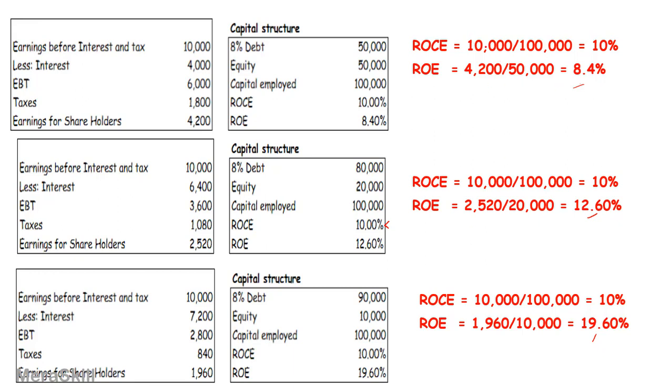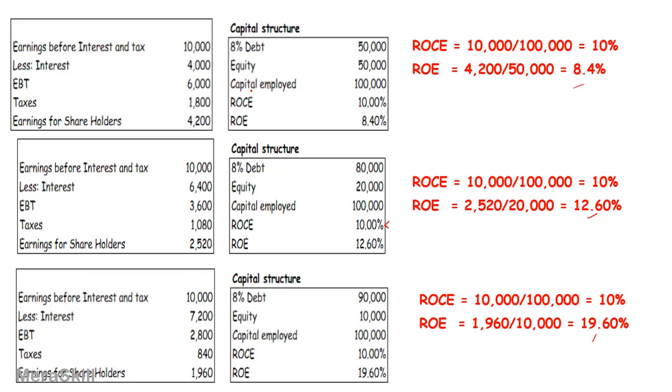This is because they are earning 10% return. The debt is only 8%. Mind you, even after 8% of interest, since this expense is tax deductible, we get a benefit of 30% on the interest which is paid.